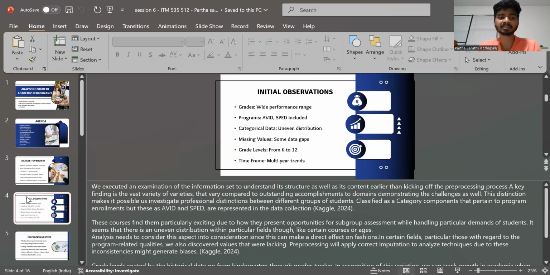The distinction makes it possible for us to investigate the difference between different groups of students classified by category or components that pertain to program enrollments, such as EBIT and SPED, which are represented in the data collection.